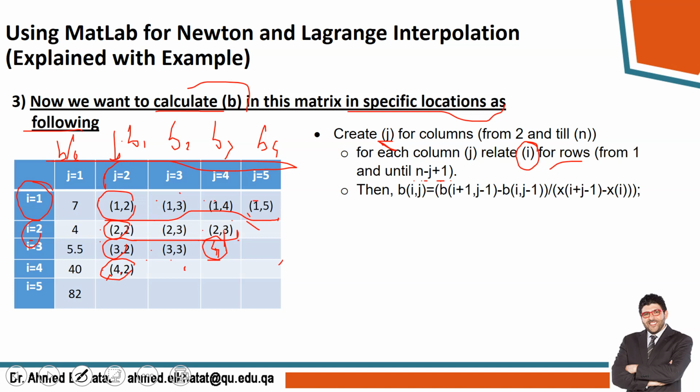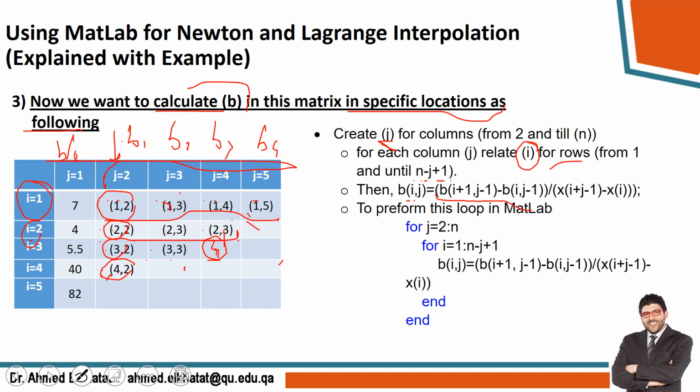Then now calculate b for i, j at the location. This is 1,2, 2,3. It is equal to p(i plus 1, j minus 1) minus p(i, j minus 1), to calculate the function from the previous one, over x(i plus j minus 1) minus x(i).